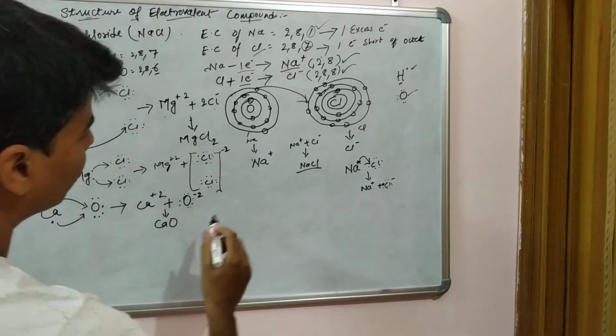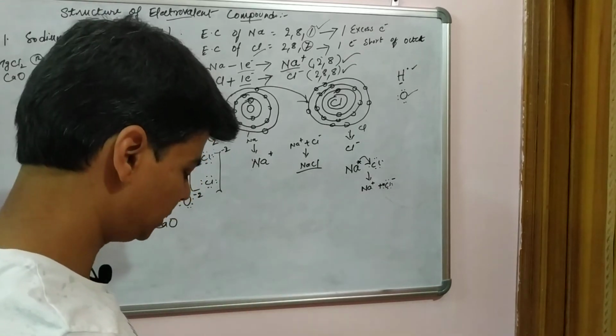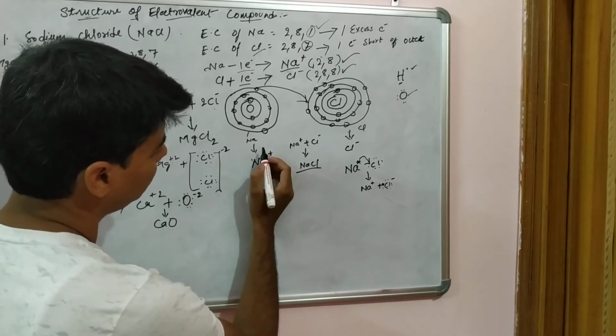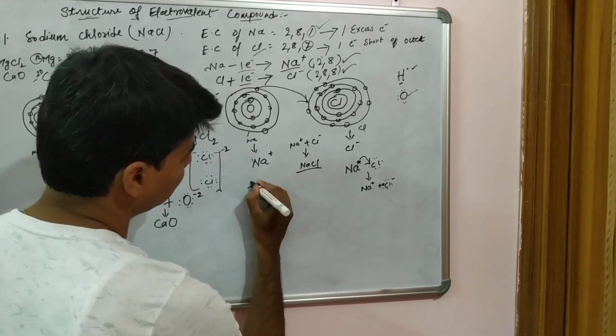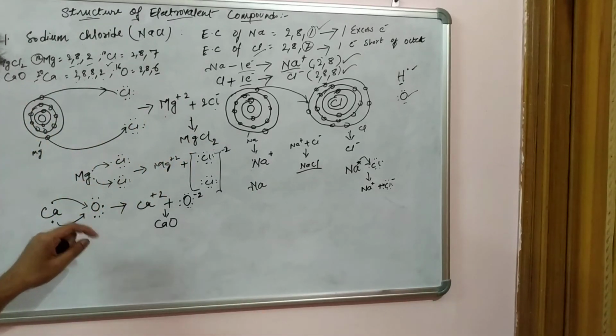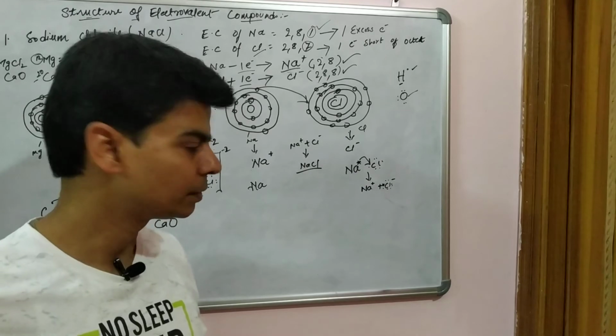So now one more thing you need to check in this, it's a little important. Since this sodium or magnesium or calcium, we notice that these are losing electrons, right?